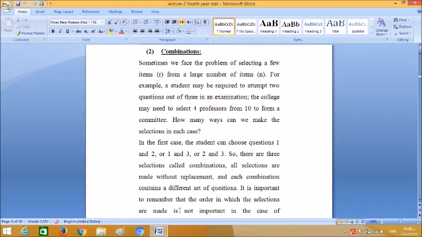Whether we arrange Ali the first, Muhammad the second, Ahmed the third, or Ahmed the first, Muhammad the second, Ali the third, all these selections or groups are the same when dealing with combination. But when dealing with permutation, Muhammad, Ahmed, Ali is one arrangement, Ali, Muhammad, Ahmed is the second one, and so on.